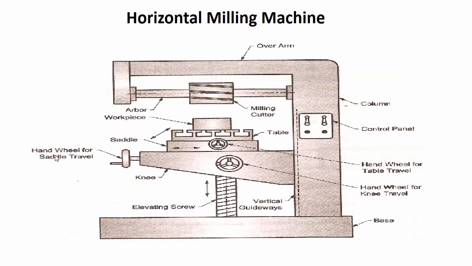And there is one more wheel. If you rotate this wheel, the saddle starts moving horizontally. And there is one more wheel for the table, which moves it perpendicular to the board or the plane.